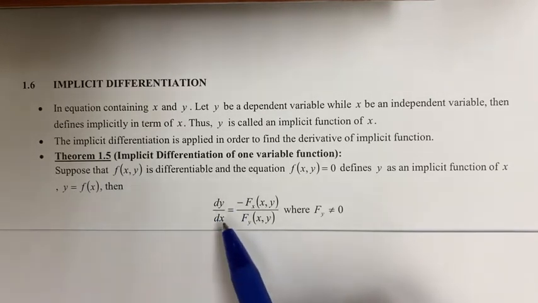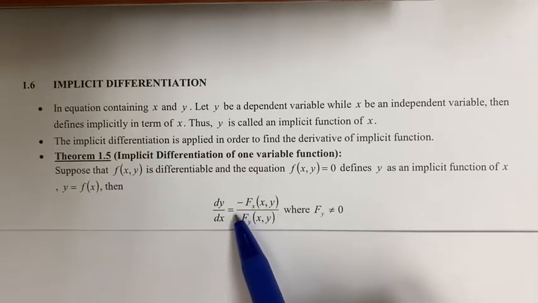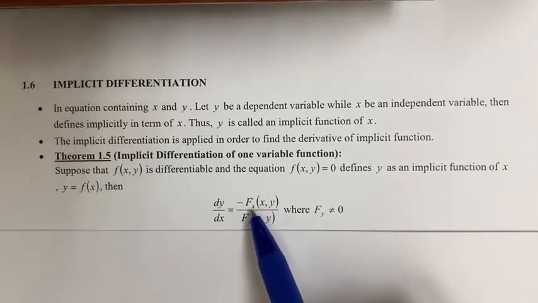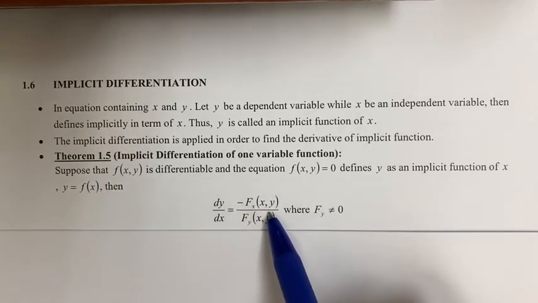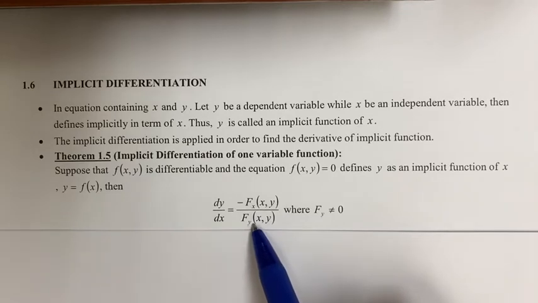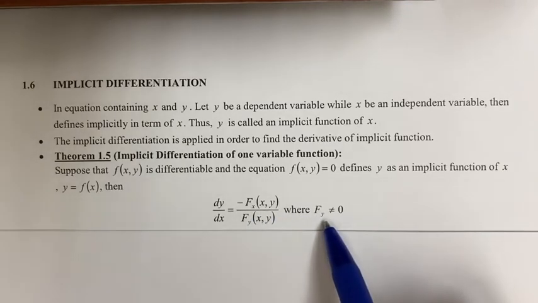Then, okay, to find dy over dx, dy over dx is equal to minus differentiation of f with respect to x, divided by differentiation of f with respect to y, where the denominator cannot be equal to 0. So this is for one variable function.